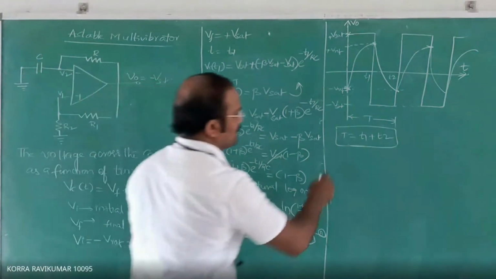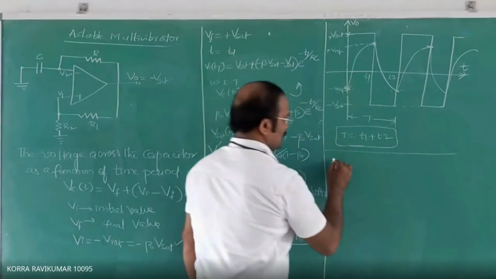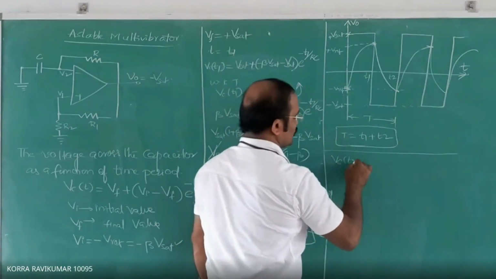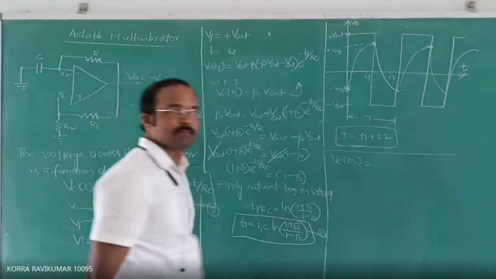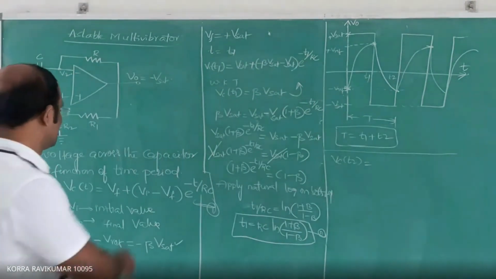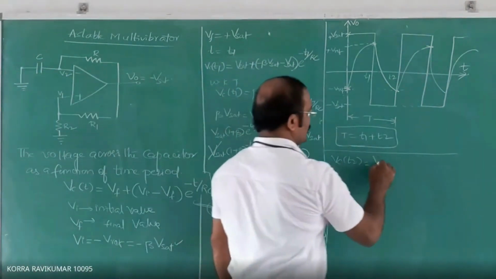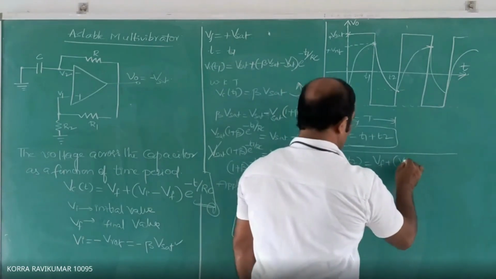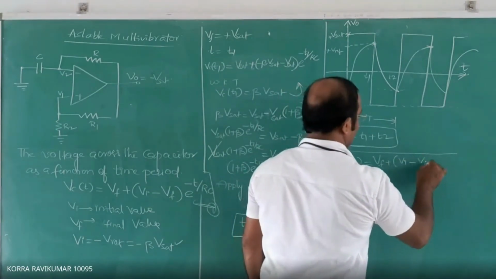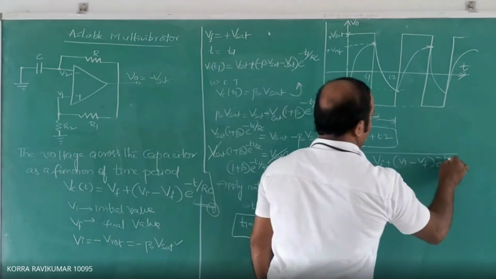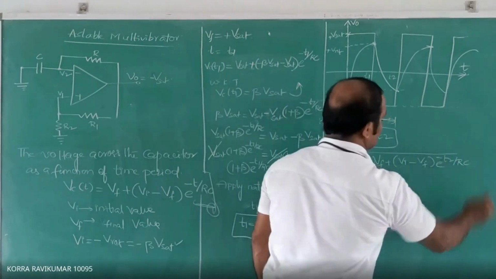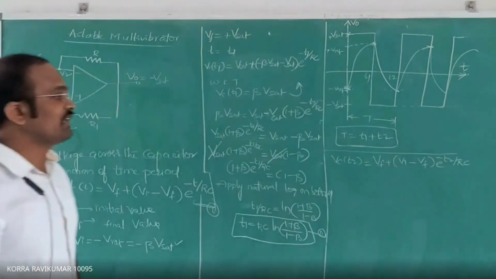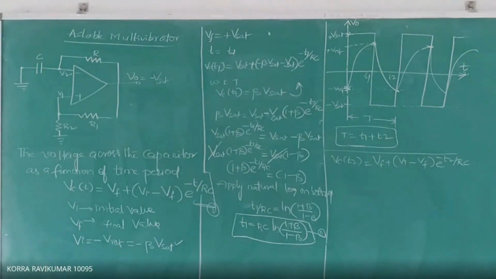Voltage across the capacitor Vc of T2 is equal to V final value plus the initial value minus final value into e power minus T2 by RC, where we have to write the final value and initial value.